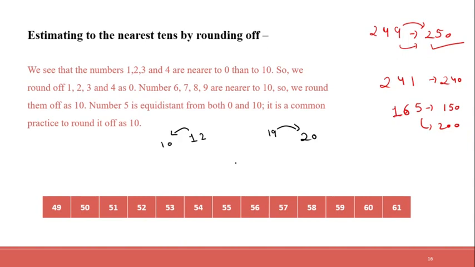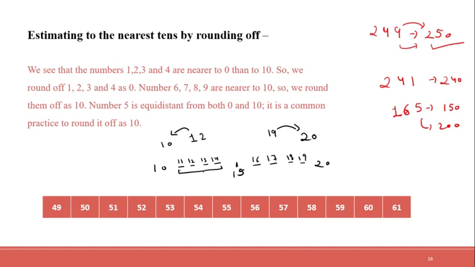Why? Because from 10 to 20, there are numbers in between, like 11, 12, 13, 14, 15, and so on till 20. In between, there will be 15, because here we will have four numbers like 11, 12, 13, and 14, and here 16, 17, 18, and 19.